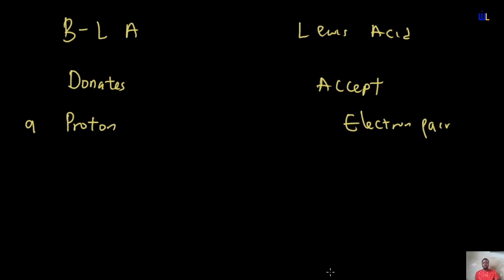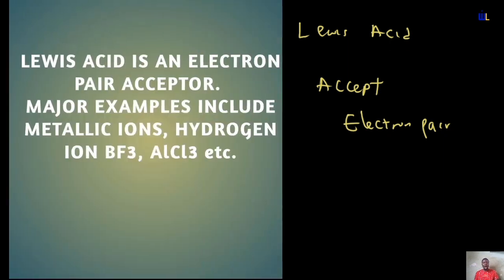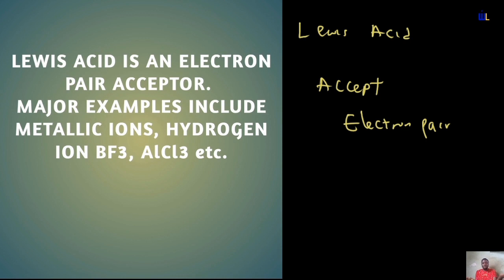The classes of substances that coincide with these properties are things like your metallic ions, your hydrogen ions, boron trifluoride, and aluminum trichloride. These are substances that have either empty outermost shells or shells that would require just 2 electrons to fill them. We'll understand them when we take up examples, but just have this in mind.